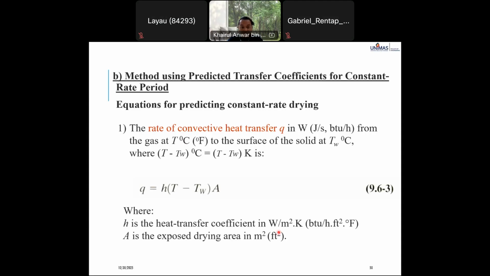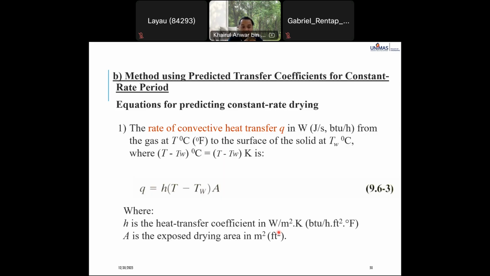Next method is using the predicted transfer coefficient for the constant rate period. So the equation for predicting the constant rate period, the rate of convective heat transfer Q in watt, joule per second or BTU per hour, from the gas at T degree C to the surface of a solid at Tw degree C, where T minus Tw equal to T minus Tw Kelvin.